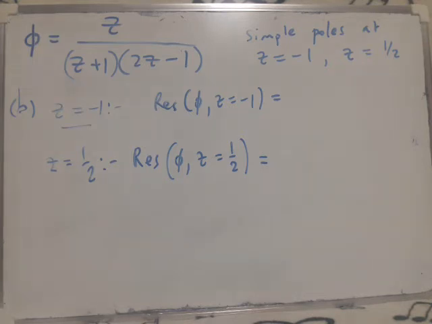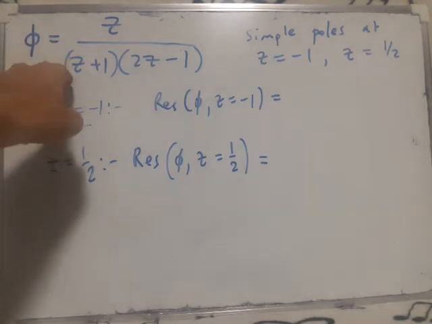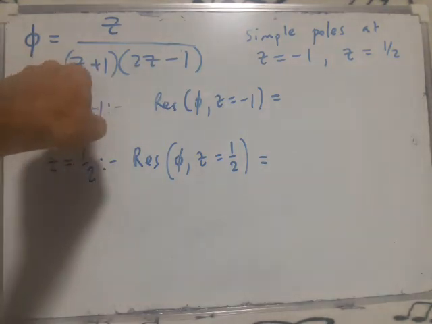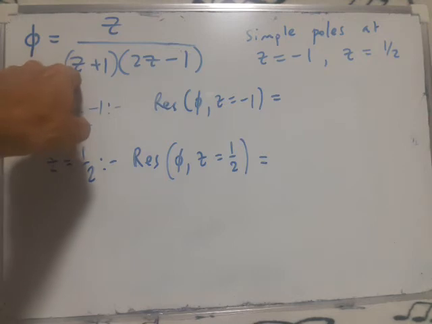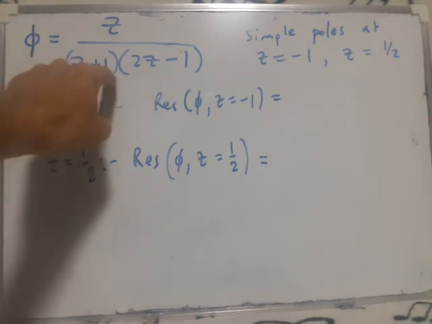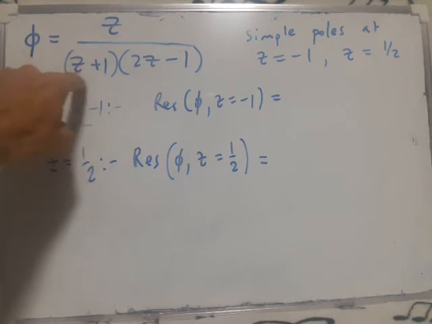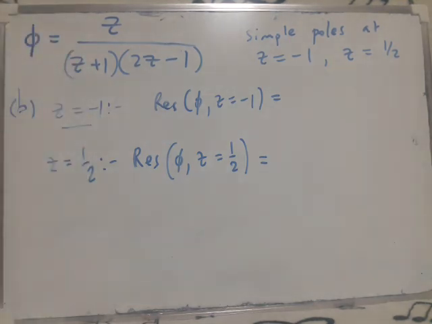Normally the best choice is to make Q as simple as possible, since you're going to differentiate it. So the obvious choice for Q in this case is this thing here. So we make Q z plus 1.